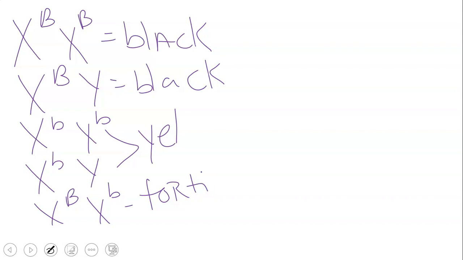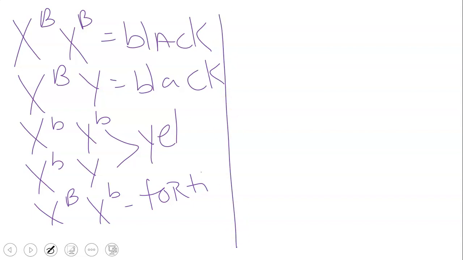Now you can't have X big B, Y little b. The Y chromosome doesn't carry this gene. And so there are no tortoiseshell males. It's actually a little bit more complicated than this, but we'll keep it simple. Okay, so let's get to the problem.